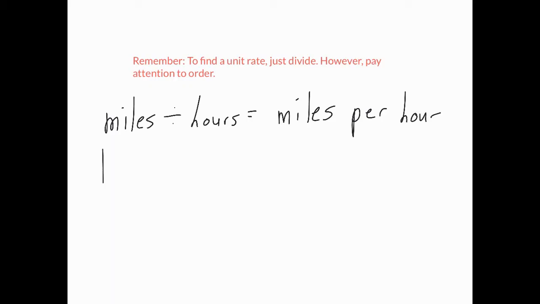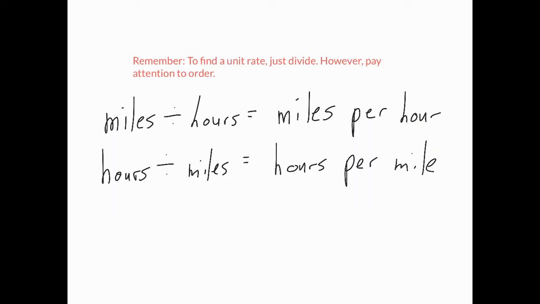But if you do hours divided by miles, that will give you hours per mile. This means how many miles can I travel in 1 hour. This means how many hours does it take me to travel 1 mile.